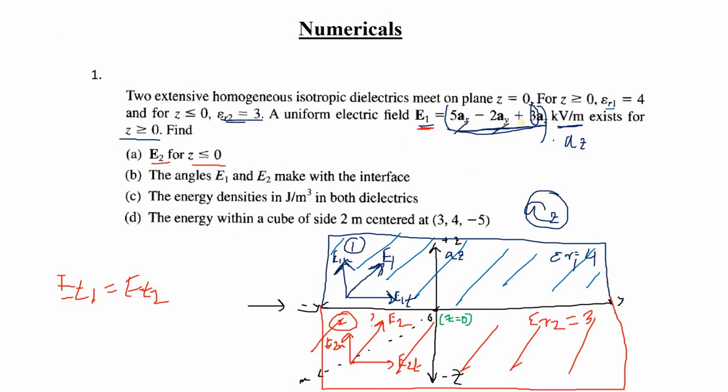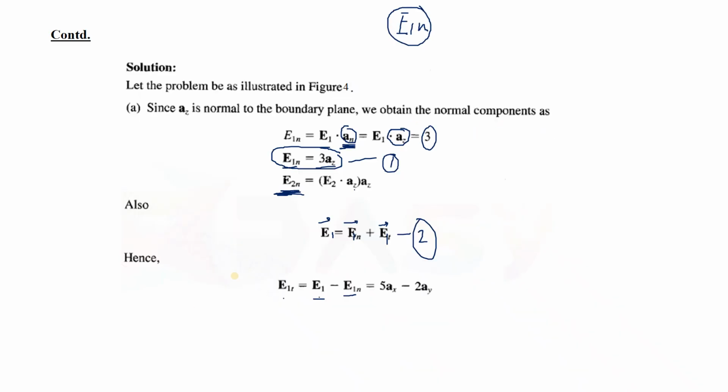The total vector is 5ax minus 2ay plus 3az. Subtracting 3az, the 3az cancels, so we have 5 unit vector x minus 2 unit vector y. This is the tangential component.